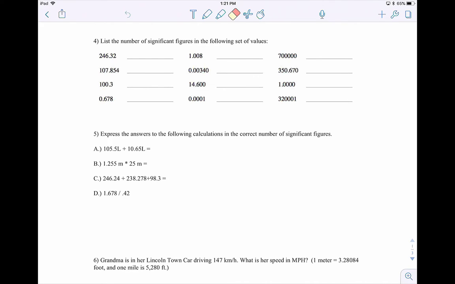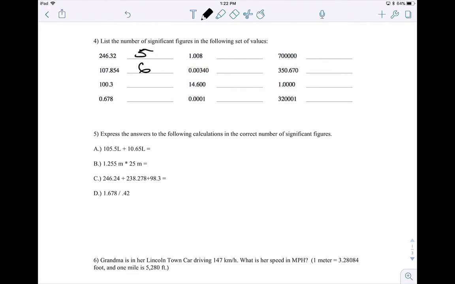So number 4 says list the number of sig figs in the following numbers. And so in this case, I'll work top to bottom. You have 246.32. Well, the decimal is present, so you start on the Pacific side, and you start counting your sig figs at the first non-zero digit. So in that case, all 5 numbers are significant here.